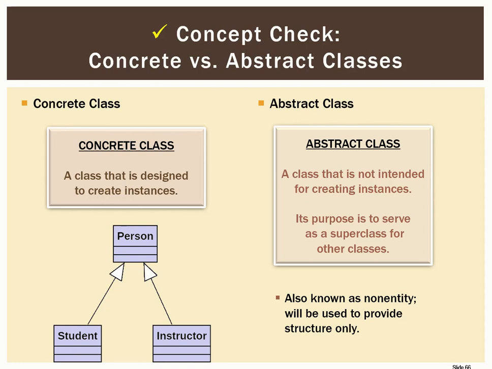We might use the person class for a generic person like a staff member. Or we might say, no, we only want to have students and instructors, in which case person will be abstract. So when we look at one of our strategies, it's a table per concrete class. And that means that we actually plan to have instances of those data elements.